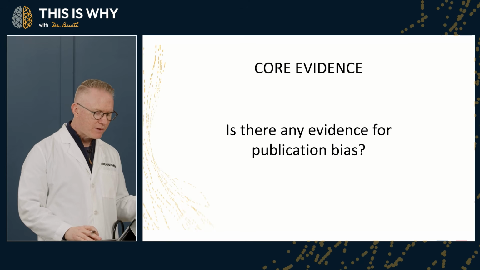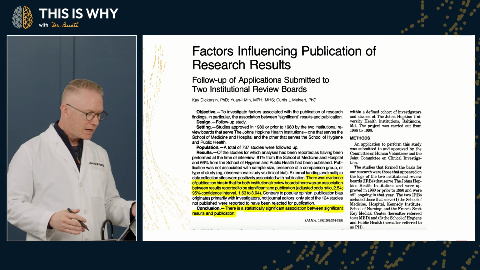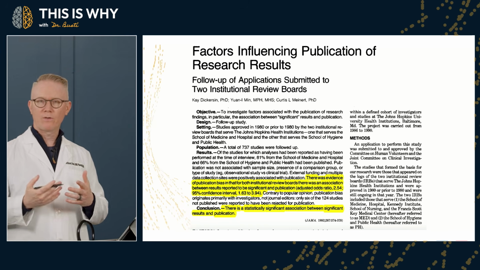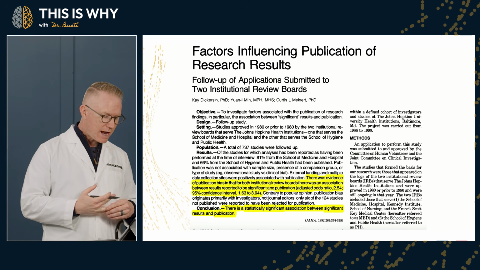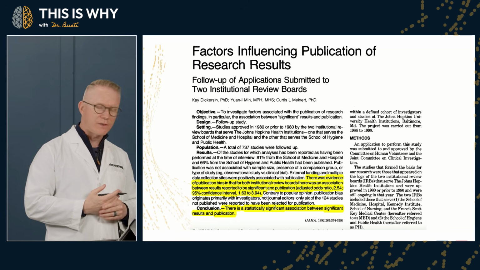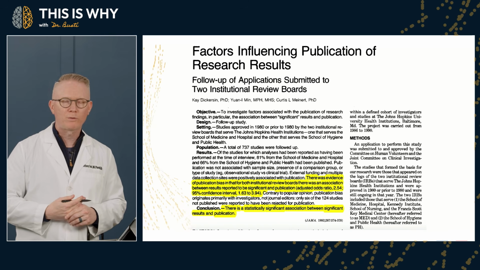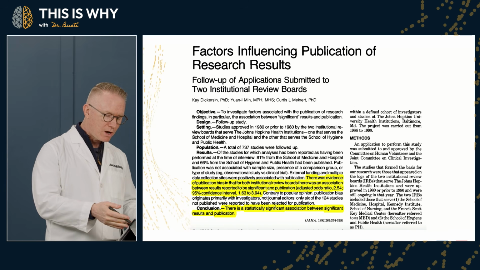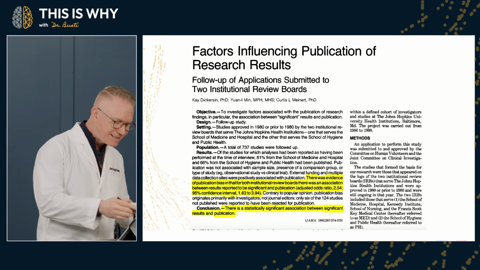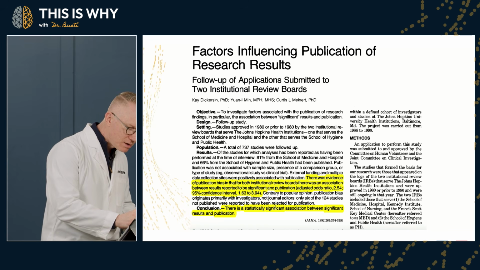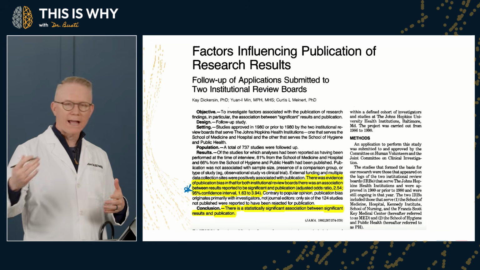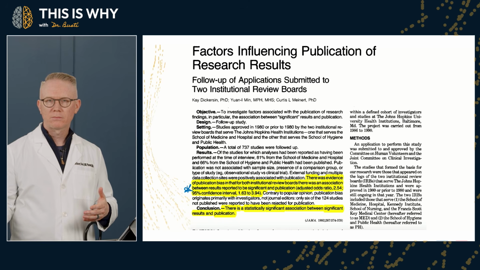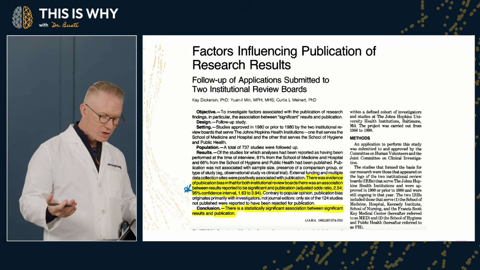And so is there any evidence of publication bias? Again, papers that have been done over the years looked at this, and you can see they did analysis of Institutional Review Board approved protocols. And when they looked at those protocols, those that had significant findings were more likely to be published versus those that didn't, right?